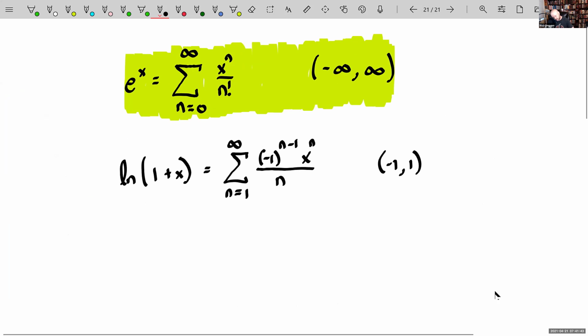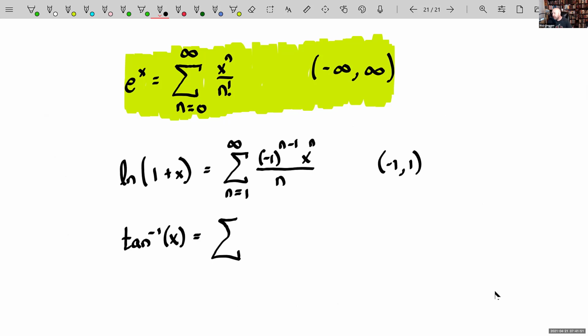This is the tan inverse of x. It is equal to the summation n equals 0 to infinity. And I guess that's probably why some authors start the natural log at 0.